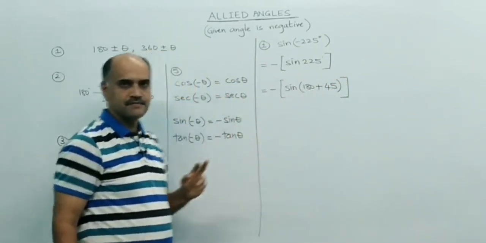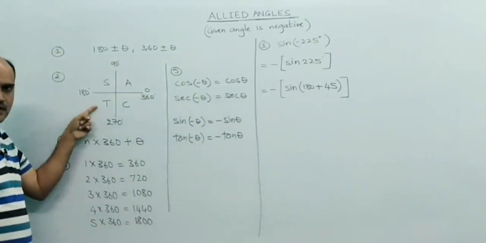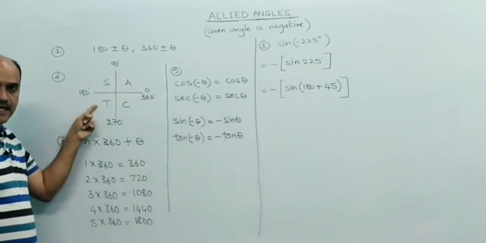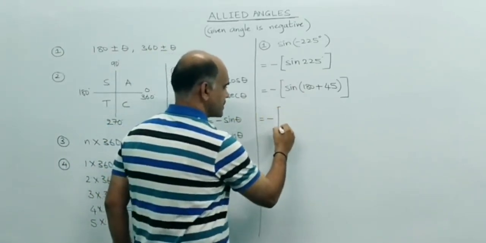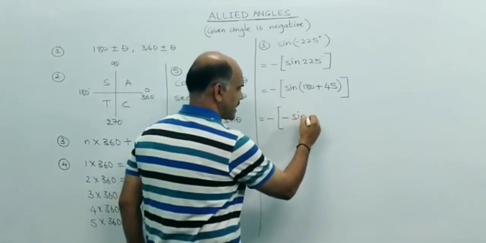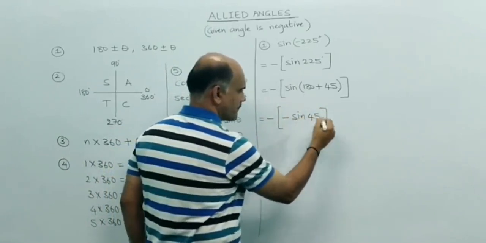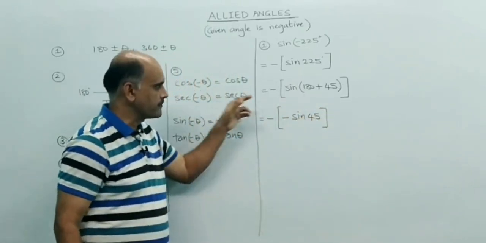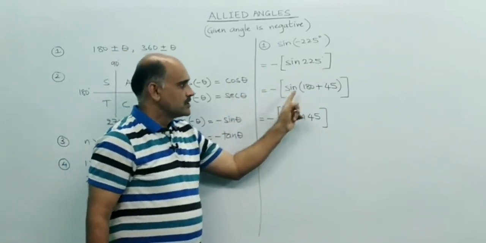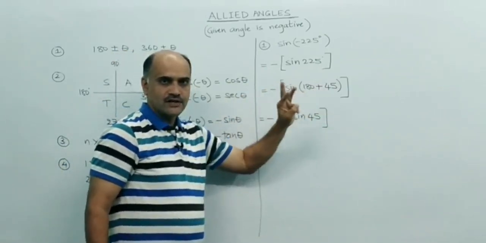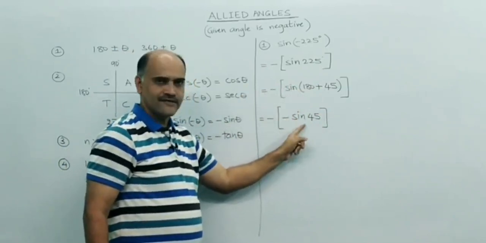180 plus means it is in the third quadrant, and in the third quadrant sine is negative. So you will have minus sine 45. This minus up to the end you continue. So sine of 180 plus 45, third quadrant, is minus sine 45.